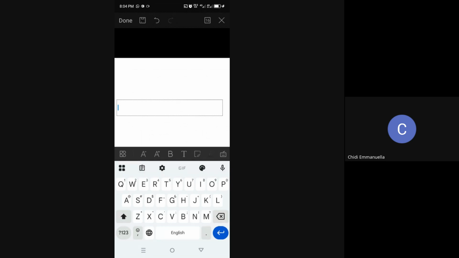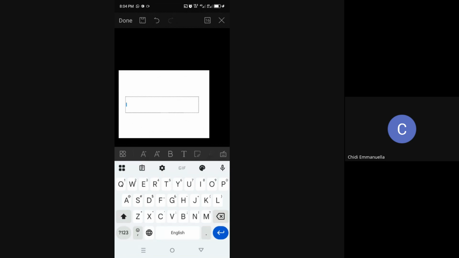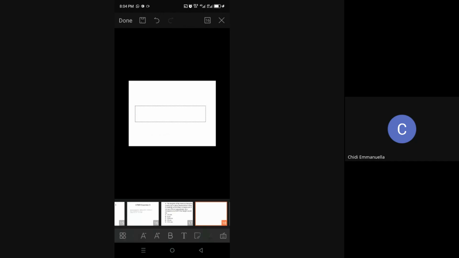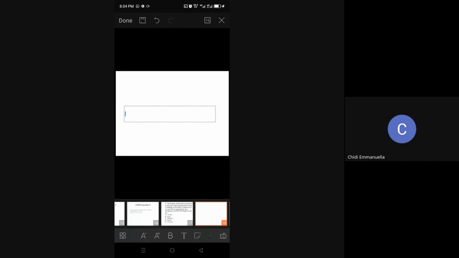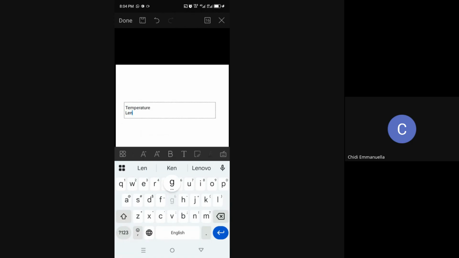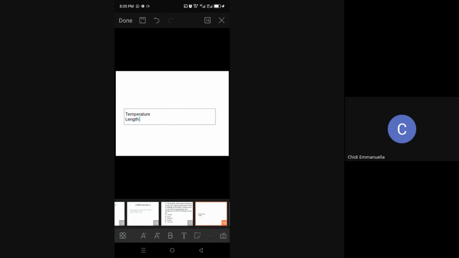I depend on my wonderful students now. Looking at that question, you discover that you are having two things there: temperature and length, or height, whatever.